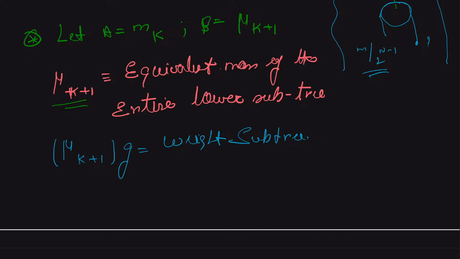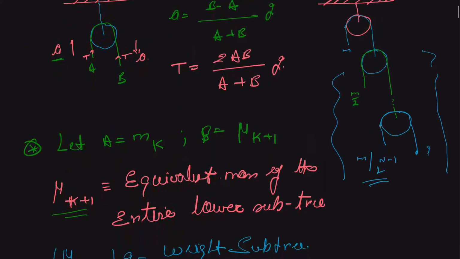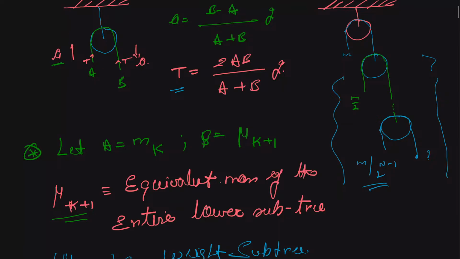And based on this we can find out our tension. Okay. And here we have, let me write this as small t, because this here was small t, and here also we have tension small t, and capital T we are going to assume is the tension with respect to the pulley.